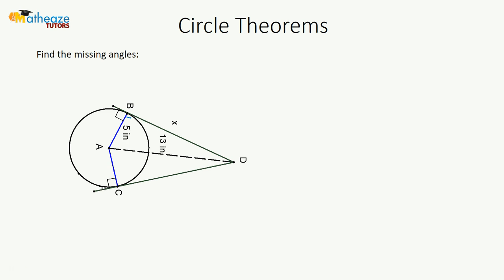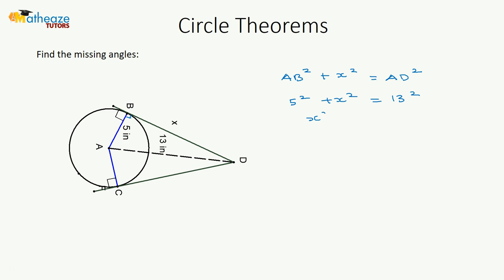So let's try to apply Pythagorean Theorem, which tells me that AB squared plus X squared equal to AD squared. So AB squared is 5 squared plus X squared equal to 13 squared.